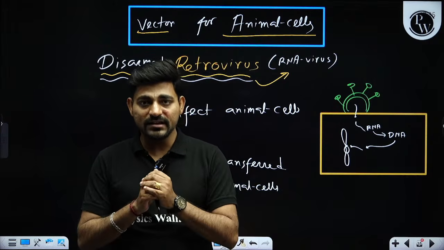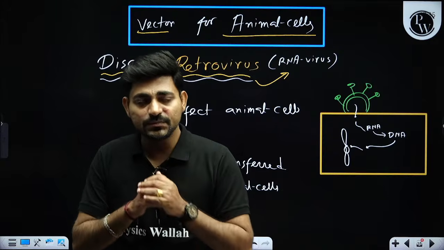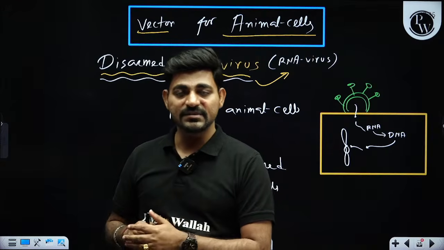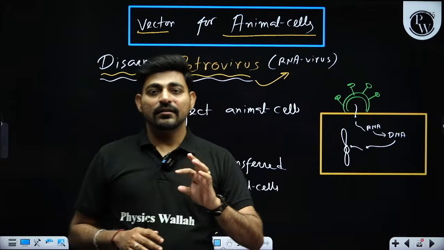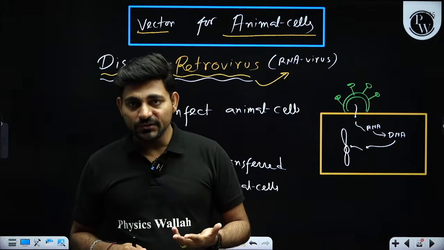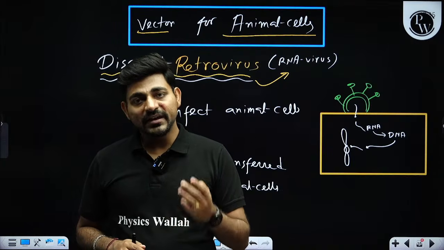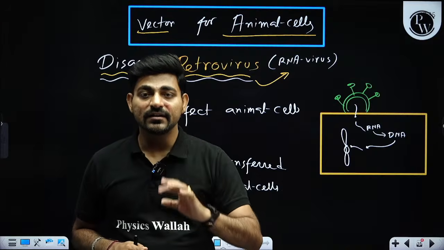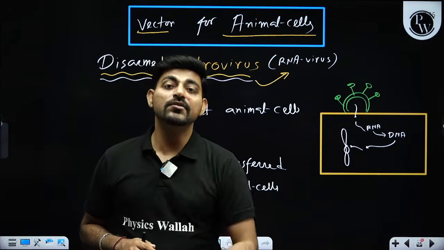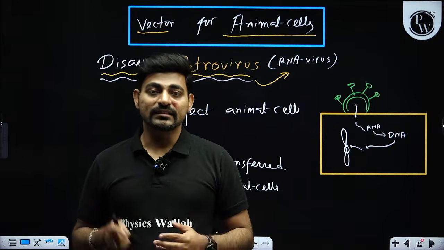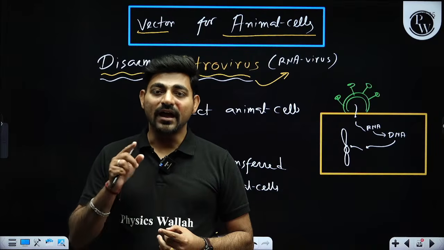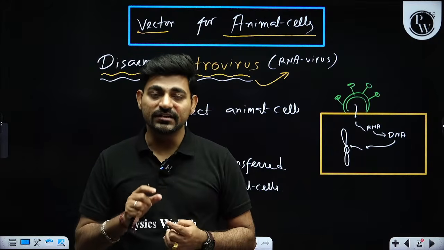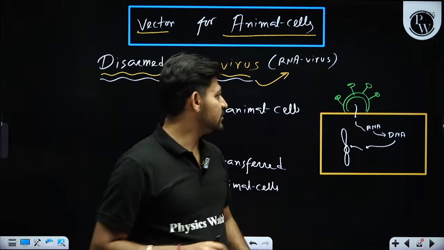A retrovirus is normally responsible for causing disease in animal cells, but by applying biotechnology, you have to make it avirulent, make it tame, a good strain, and then only will it act for you, delivering the gene of interest inside the animal cell.